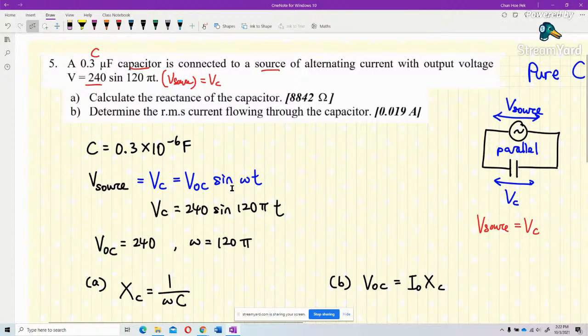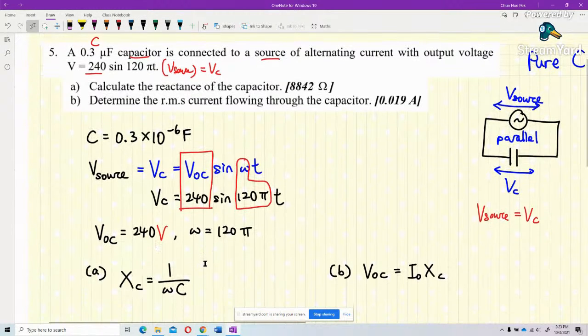I compare with the given equation, 240 sine 120 pi t. So from here V naught C is 240, and omega is 120 pi. These are the useful values, the golden keys for this question.